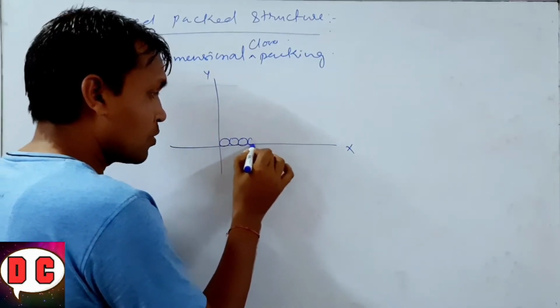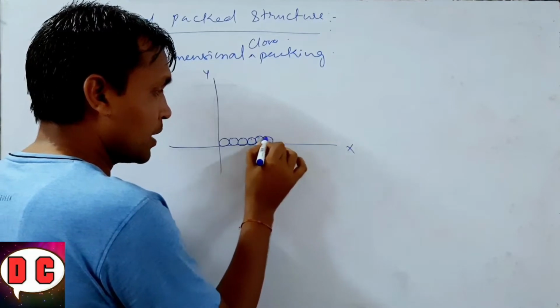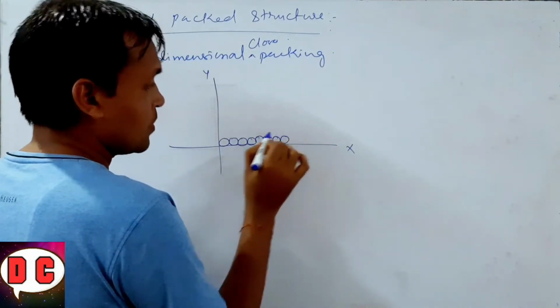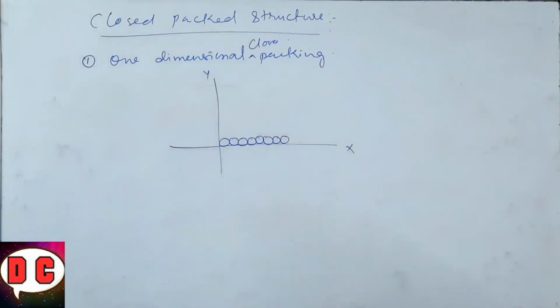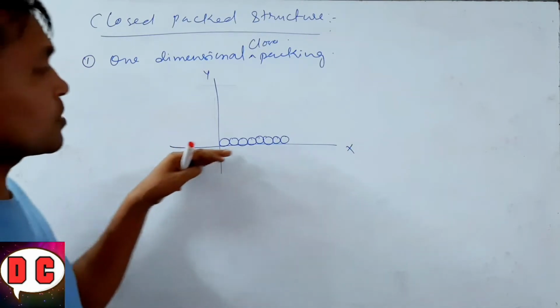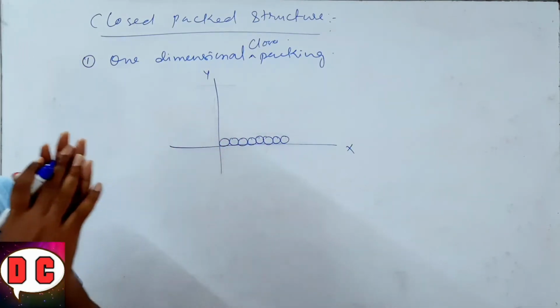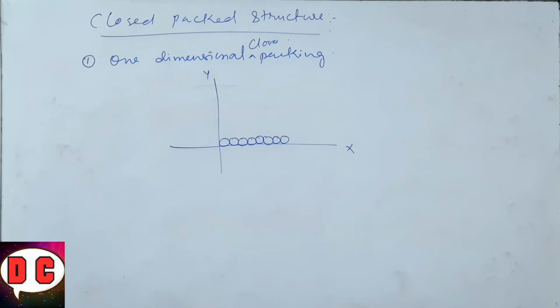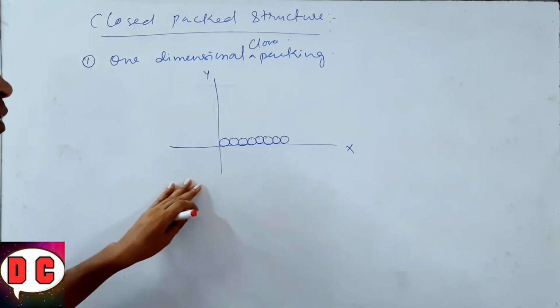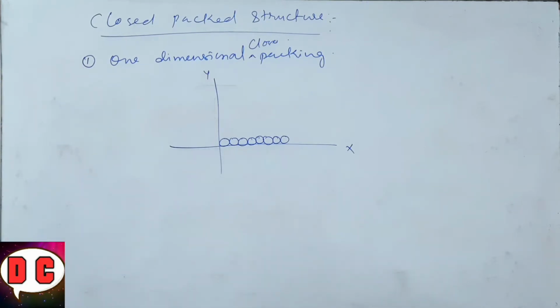So here you can see very clearly that the atoms are arranged in straight lines. This kind of arrangement we call one dimensional close packing. Got it or not? Good.